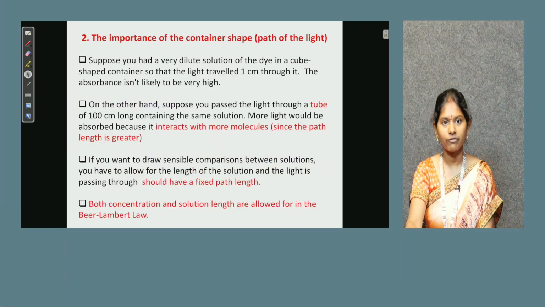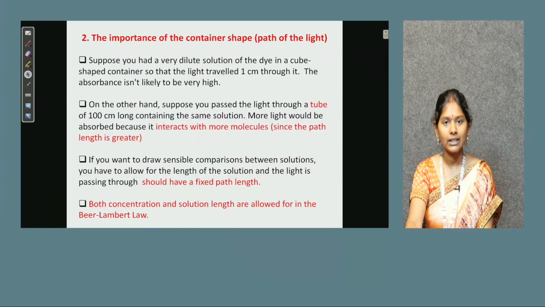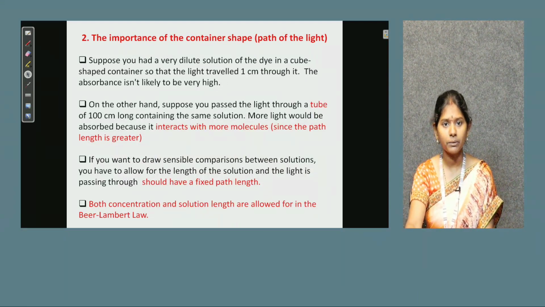The next factor influencing absorbance is the shape of the container in which we are taking the solution, that is, the path length of the light. If we have a dilute colored solution in a cube-shaped container, the light travels through 1 centimeter, so the absorbance isn't likely to be very high.